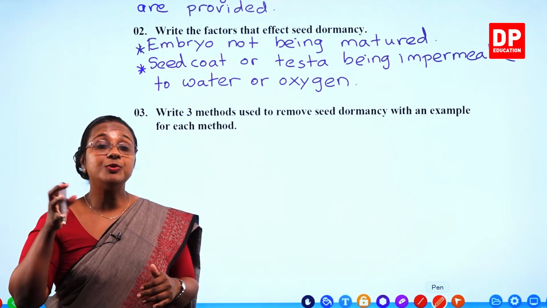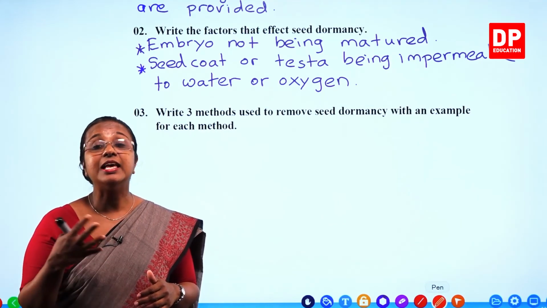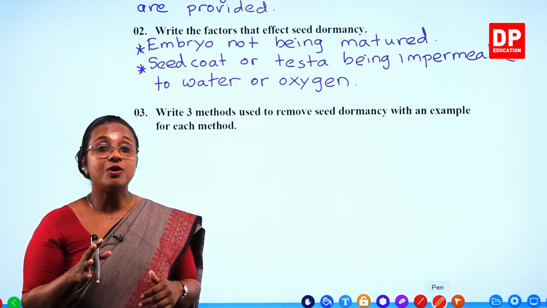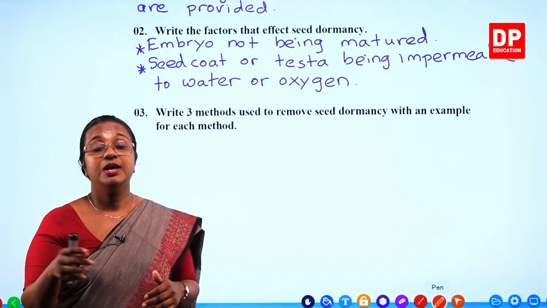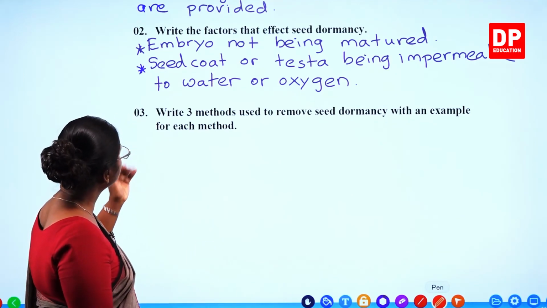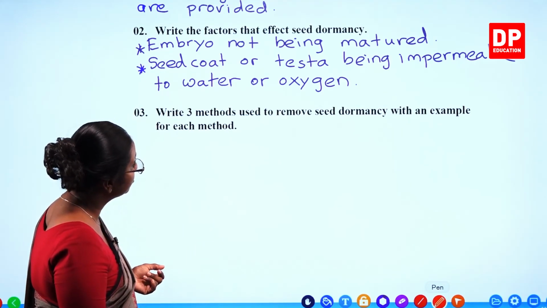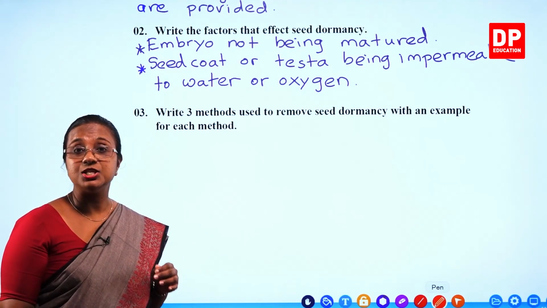You can also put the seeds in hot water for some time. That is done with ipilipil. And also you can gently crack the seed coat. That is done with Nelly. So here you are supposed to write 3 methods used to remove seed dormancy with an example for each method.